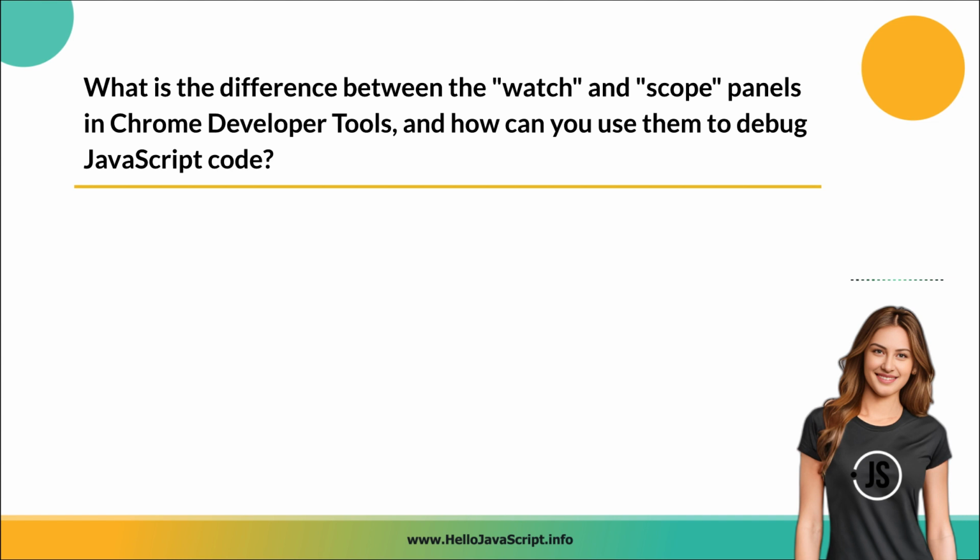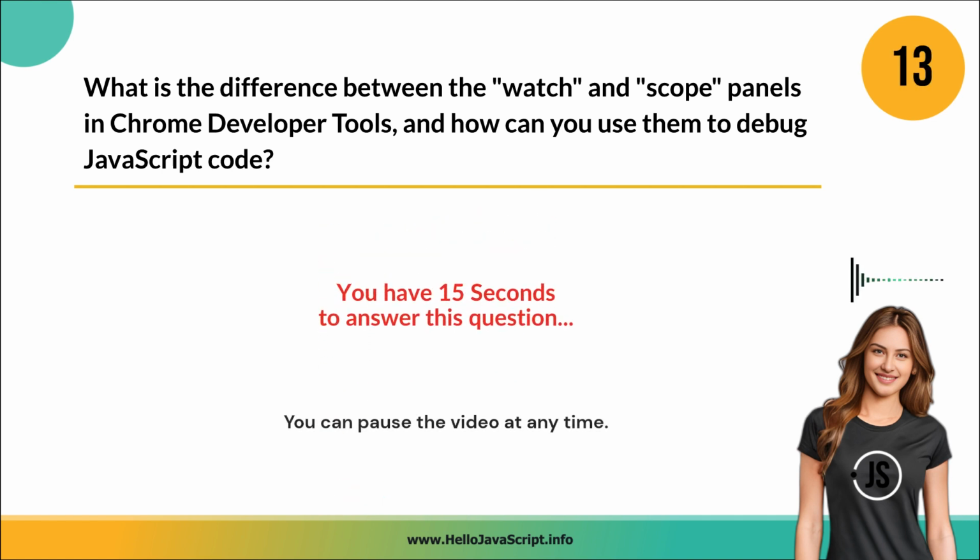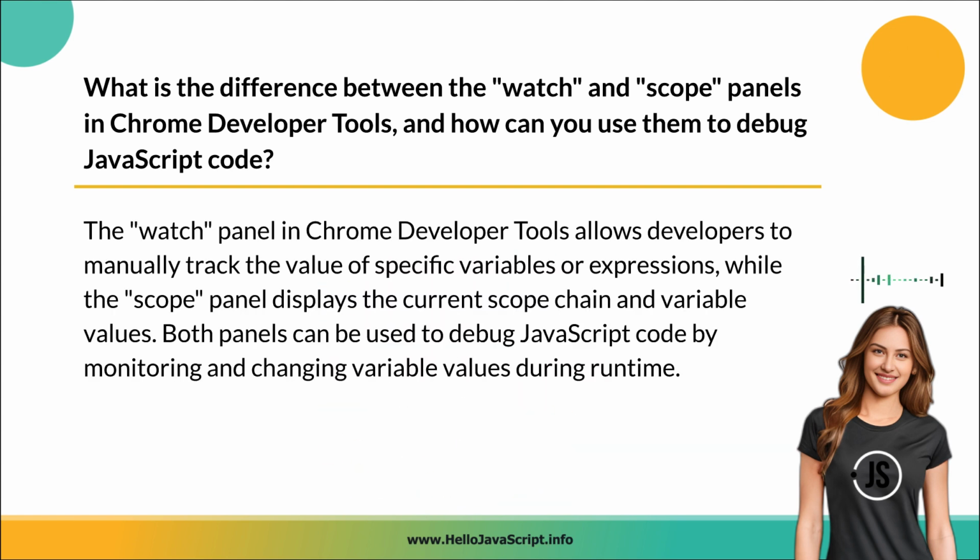What is the difference between the Watch and Scope panels in Chrome Developer Tools, and how can you use them to debug JavaScript code? Here is the response to this interview question.